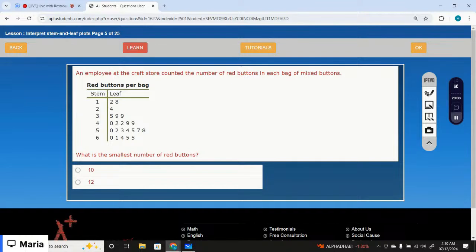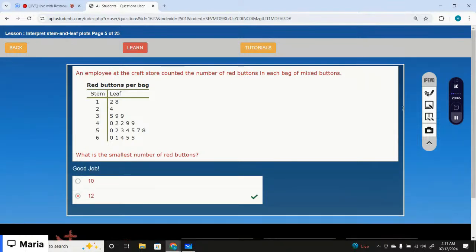So that is 12. Option number 2 is the correct option.